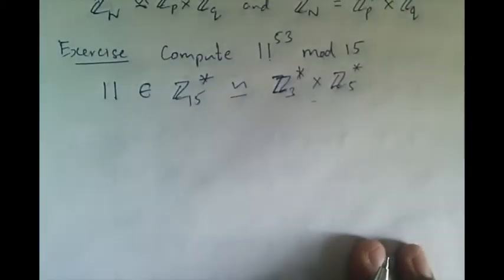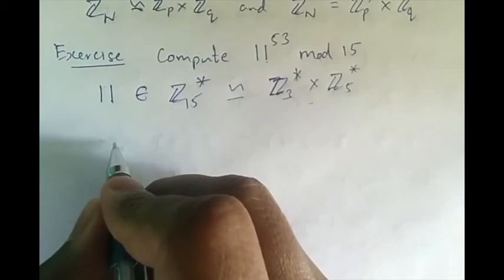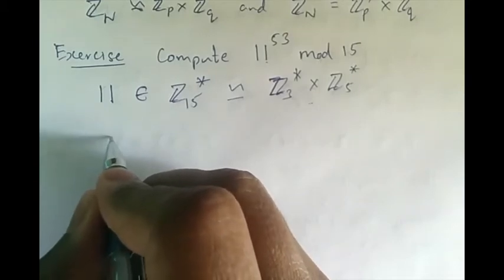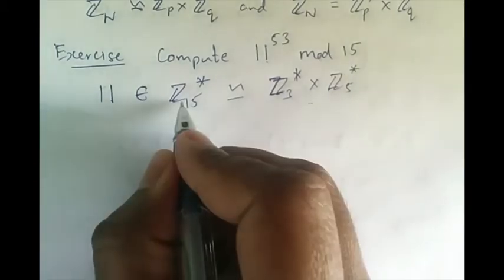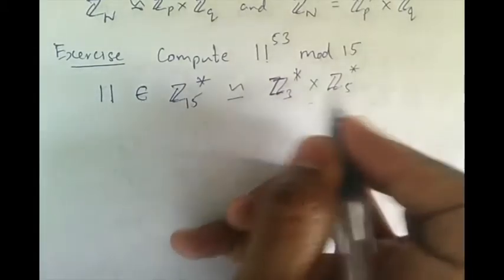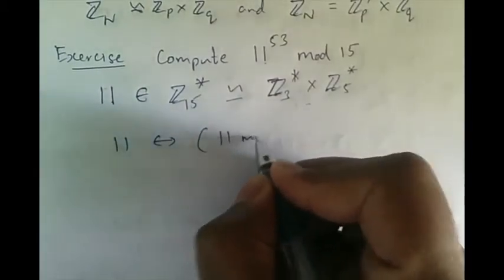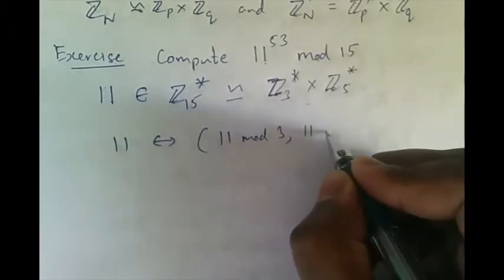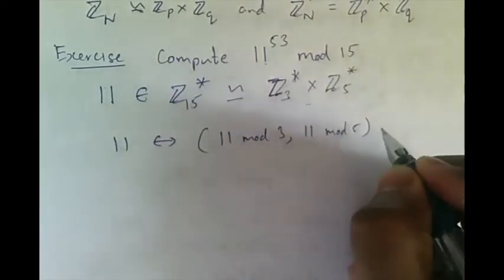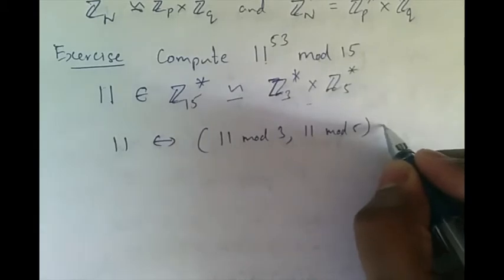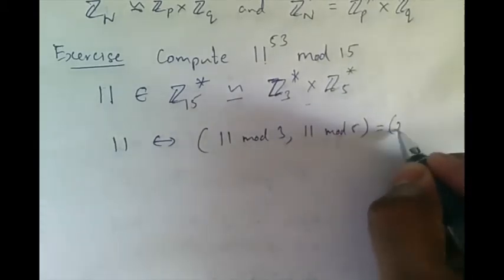So let's map 11 to that group first. We know that the isomorphism is, take any x, it will be mapped to x mod 3 and x mod 5. So 11 maps to 11 mod 3, 11 mod 5, which is going to be equal to 2, 1.